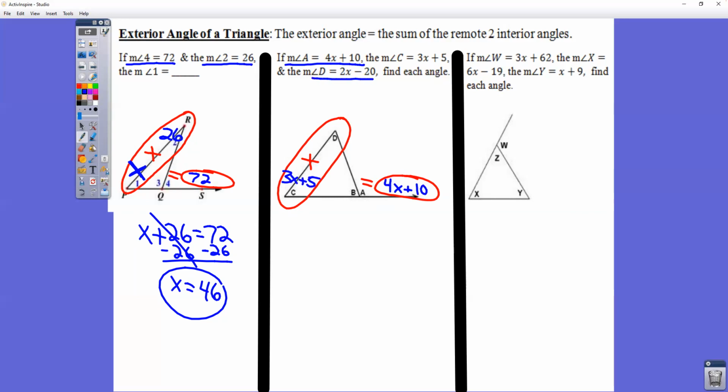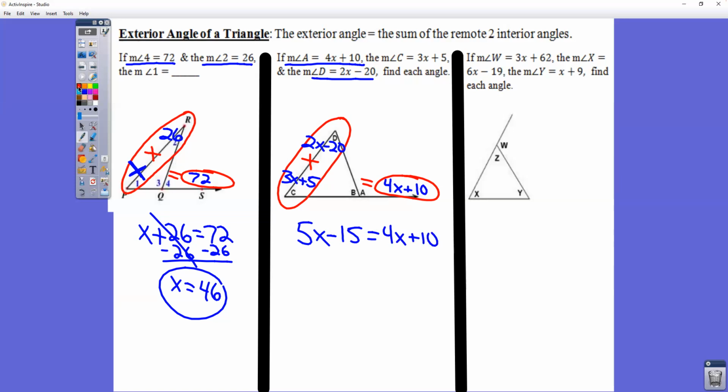The measure of angle D is 2x minus 20. So these two angles added together equal this outside angle. Add together your x's and your x's. 2x plus 3x is 5x. Negative 20 plus 5 is negative 15. And it equals that outside angle. There's your equation that you need to set up.